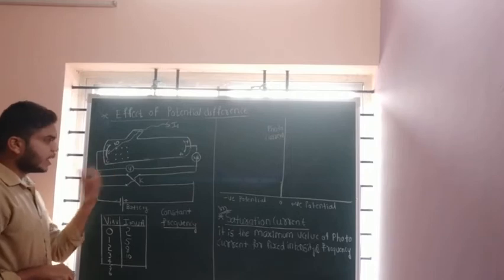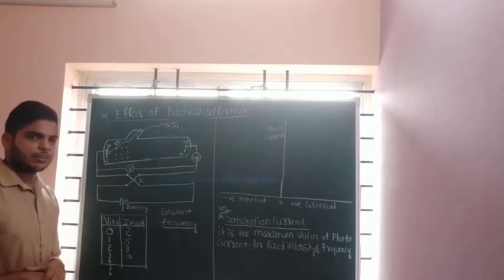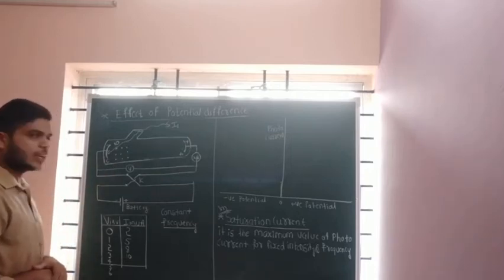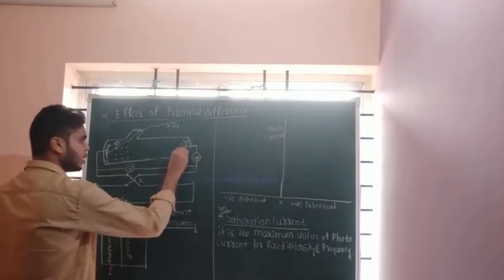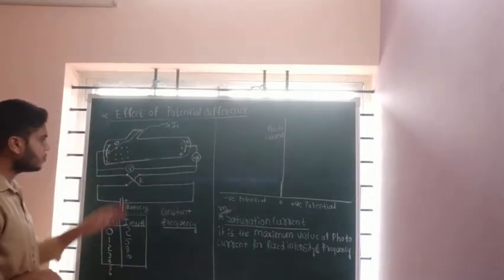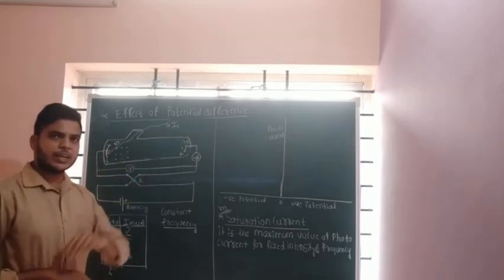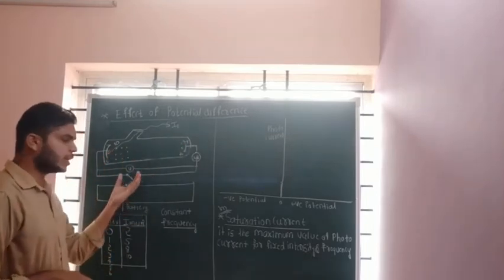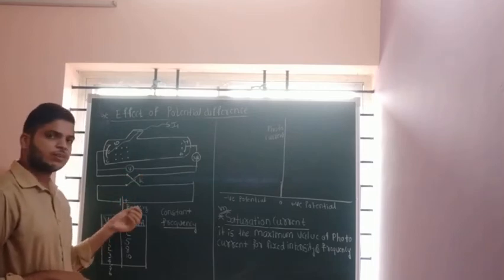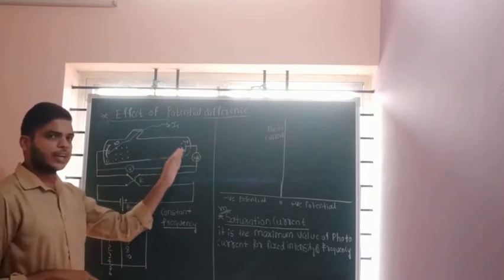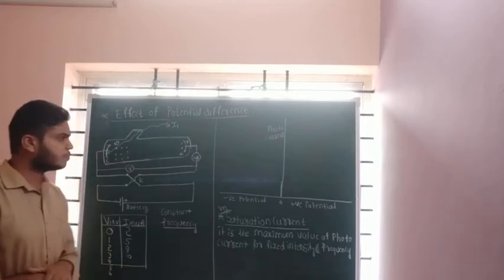Out of these 10 electrons, 1 or 2 electrons reach the collector plate. They move from emitter to collector automatically without applying any potential difference. Even with the battery off, they are able to reach the collector because they have some more energy.